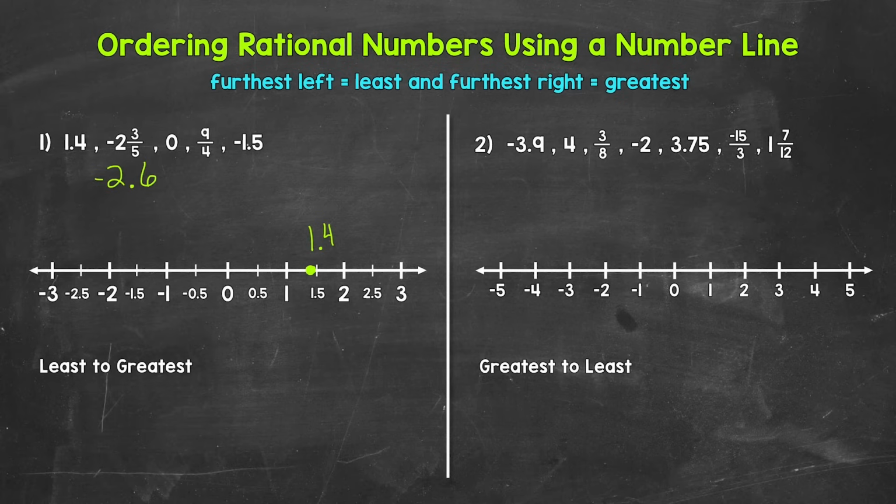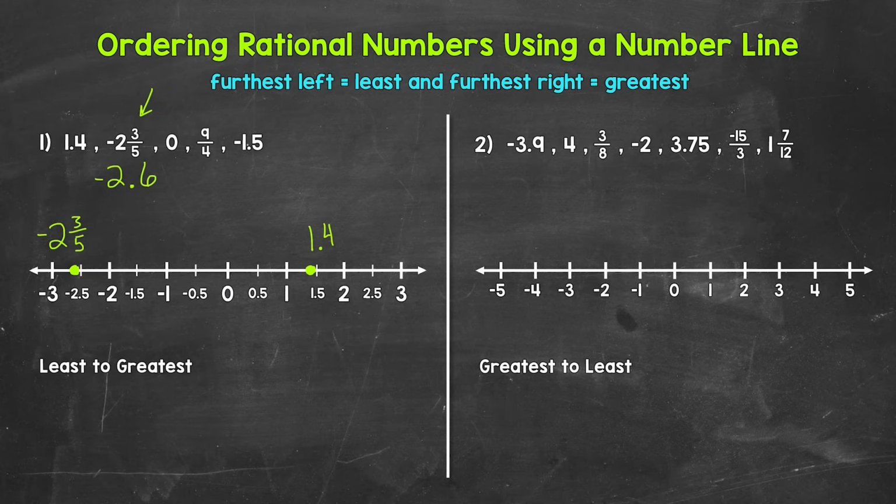It's negative. Negative 2 and 6 tenths is less than negative 2 and 5 tenths. So it's going to be to the left, and it's only 1 tenth less. So it's pretty close. Let's put negative 2 and 6 tenths right here. And let's write this in the original fractional form. So negative 2 and 3 fifths. Again, in decimal form, negative 2 and 6 tenths.